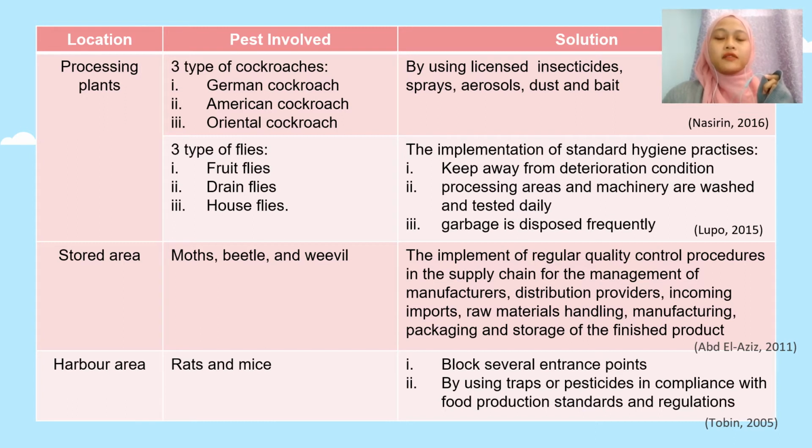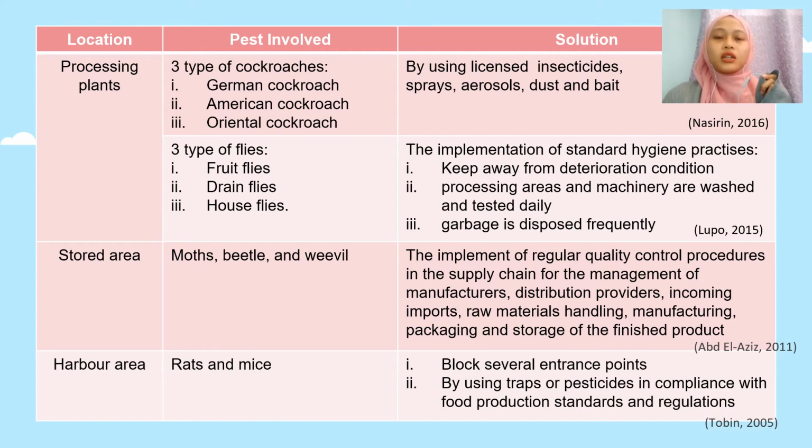Okay, next, flies. There are types of flies, which are fruit flies, drain flies and also house flies. Okay, so these flies are usually attracted to the bad odor in the food manufacturing plant.